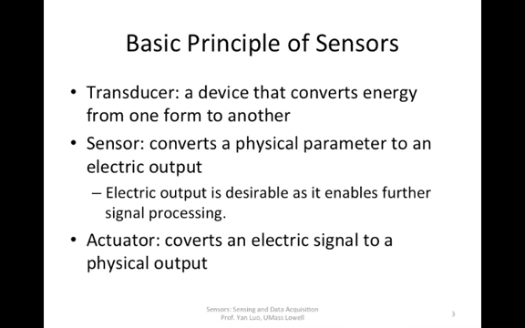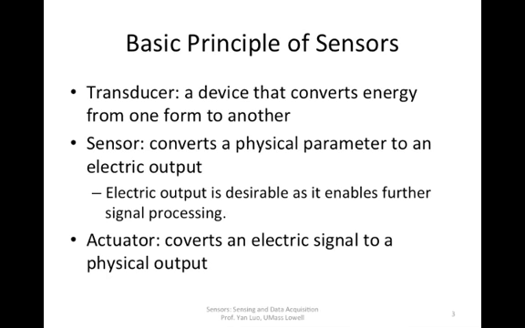Let's start with some principles. We're going to look at several concepts here. Transducer is a general term that refers to a device which converts energy from one form to another. It consists of a broad range of devices.